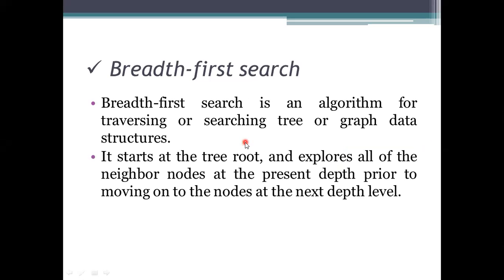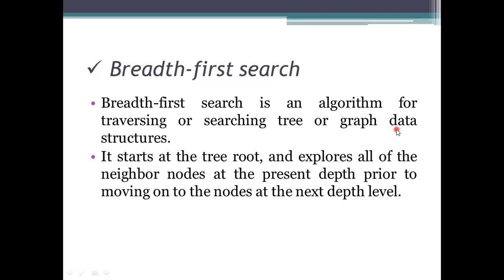In this algorithm, we are searching or traversing the nodes by using a queue data structure, queue representation. I need to start from the tree root node. We can use a tree notation and also a graph-like structure notation.